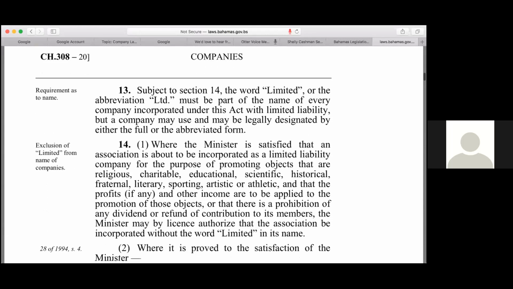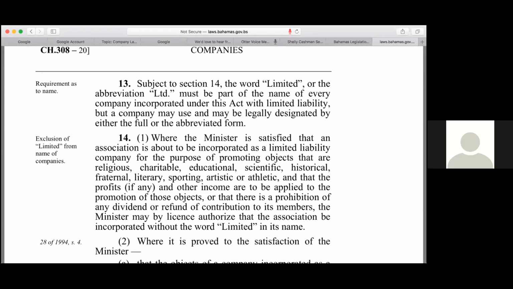Where the minister is satisfied that an association is about to be incorporated as a limited liability company for the purpose of promoting objects that are religious, charitable, educational, scientific, historical, fraternal, literary, sporting, artistic, or athletic, and that the profits, if any, and other income are to be applied to the promotion of those objects, or that there is a prohibition of any dividend or refund of contribution to its members, the minister may by license authorize that the association be incorporated without the word limited in its name.